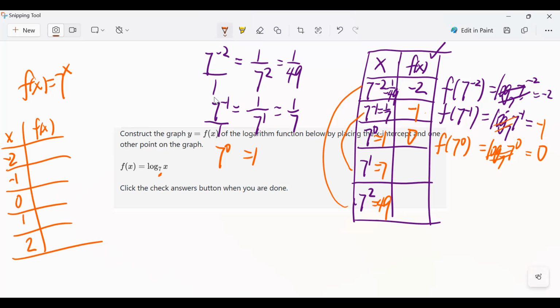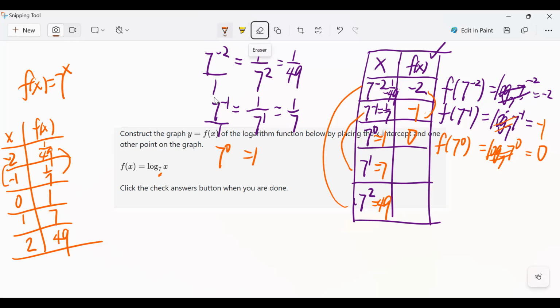-2 will be 1 over 49, and then 1 over 7, and then 1, 7, 49. Now it's exactly the opposite, because x becomes y and y becomes x. Here the x increased by 1 unit, then y becomes 7 times as much. Here, the y value increased by 1 unit, then the x value becomes 7 times as much.